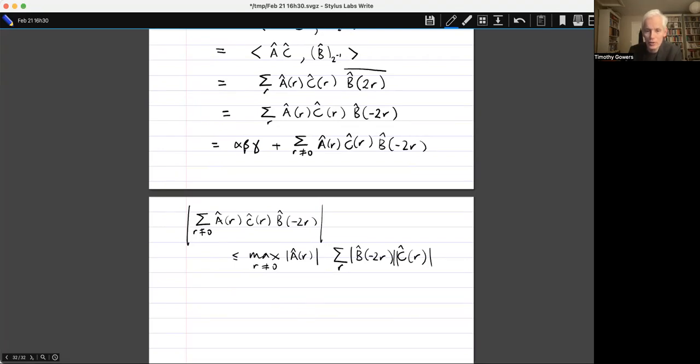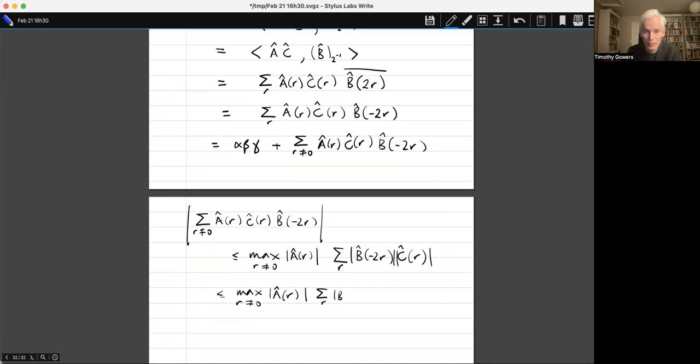And now I'll apply Cauchy-Schwarz to this sum here. So that's less than or equal to the max r not equal to 0. And the reason I'm applying Cauchy-Schwarz is that it's going to turn this inner product into something to do with L2 norms. And we know all about L2 norms because we have Parseval. Maybe I'll write it in full.